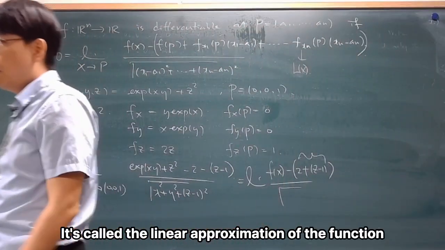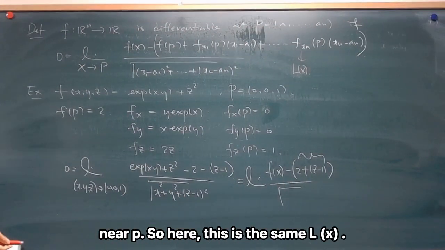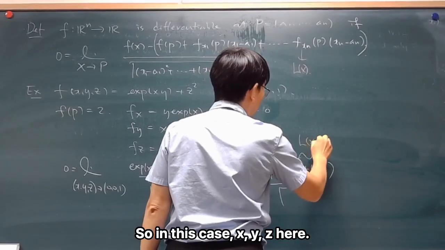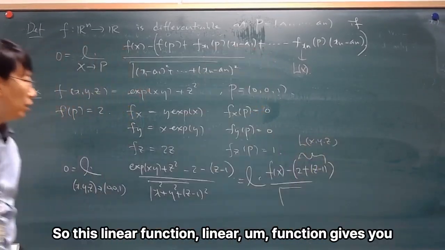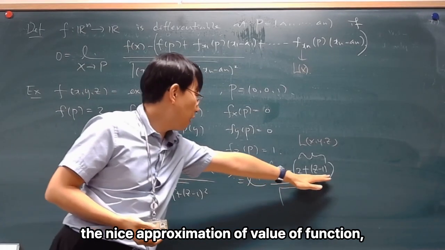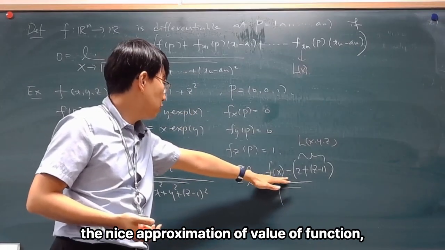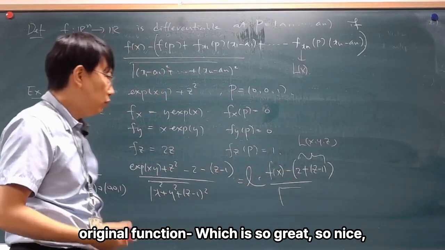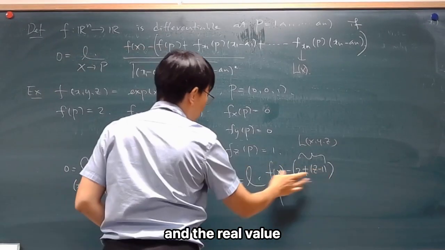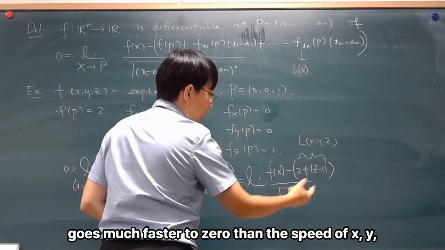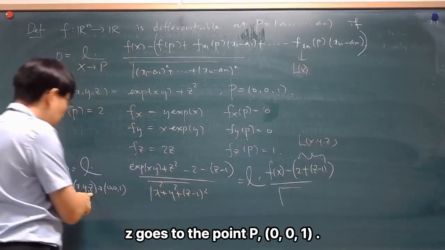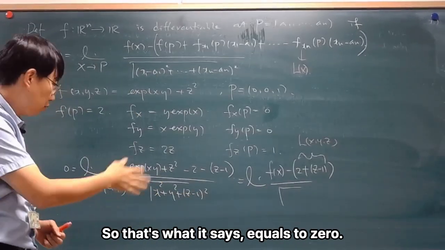It's called the linear approximation of the function near P. So this linear function gives you a nice approximation of the original function, so nice that the difference between the approximation and the real value goes to 0 much faster than the speed at which (x, y, z) goes to the point P, (0, 0, 1). That's what it says.